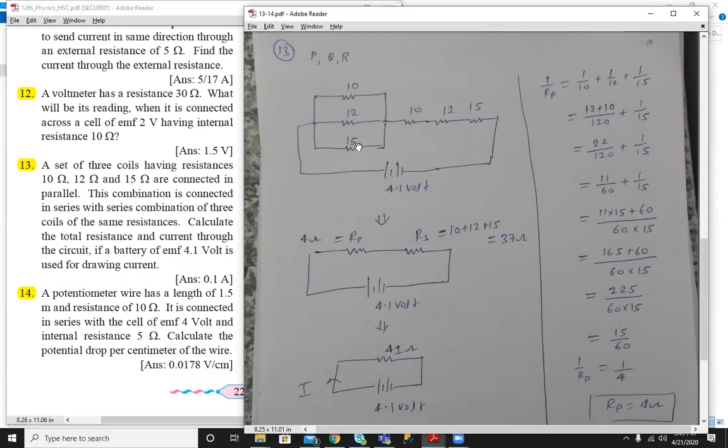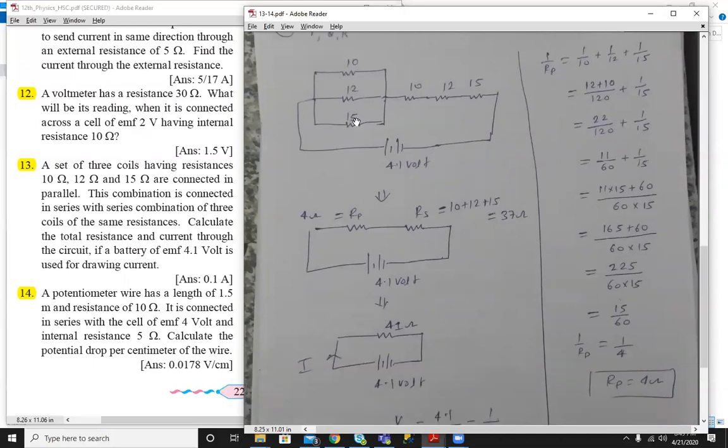Then this combination is connected in series with a series combination of three coils. So these three coils are connected in series, and then an EMF of 4.1 volt is applied. So we have to find the current in this circuit.